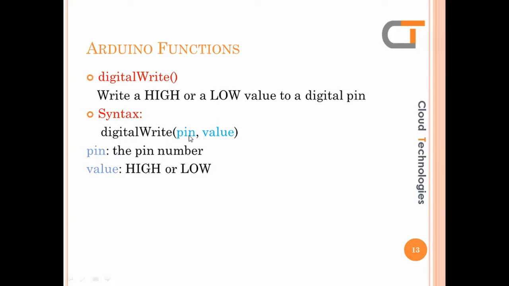The pin is nothing but the digital pin number 0 to 13, and the value should be HIGH or LOW. For HIGH we can also use 1, and in the place of LOW we can use 0. If you give HIGH, it produces 5 volts. If it is LOW, it produces 0 volts. Like that we can control any digital pin by using the digitalWrite function.